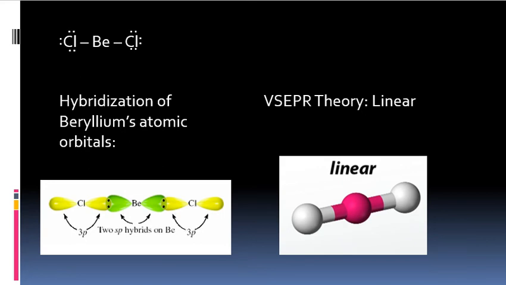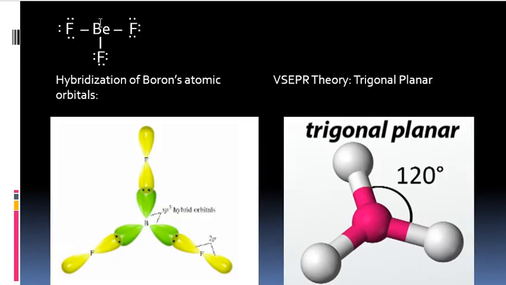Now, let's do another example. And in this case, the central atom is actually going to be boron. So, not beryllium. There we go. Quick fix. Let's take boron trifluoride. Well, boron has no lone pairs on it, and it's bound to 3 different fluorines.